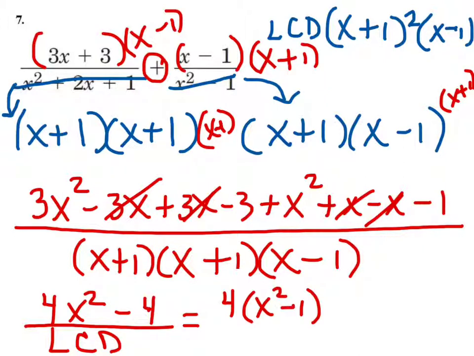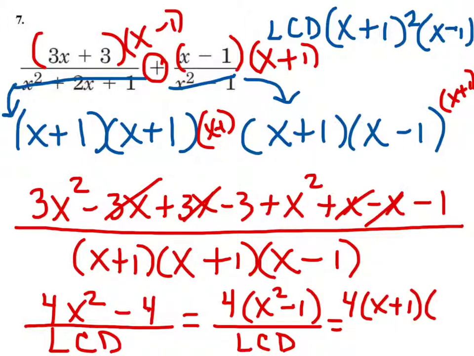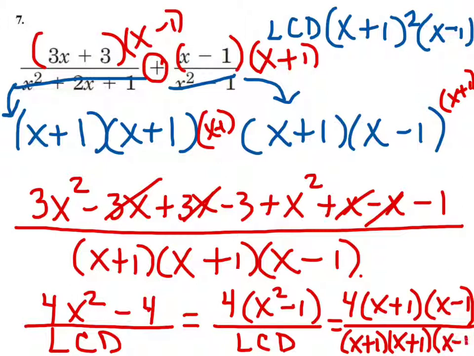Well, what does x squared minus 1 factor to? It factors to an x plus 1 times an x minus 1. And then this is all expressed over our least common denominator. I'm going to now write out my least common denominator, and that common denominator is x plus 1 times an x plus 1 times an x minus 1.